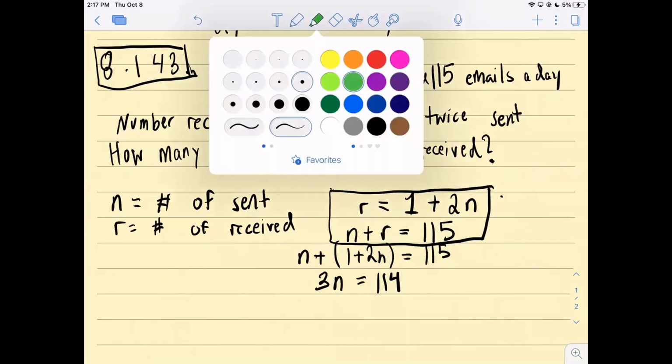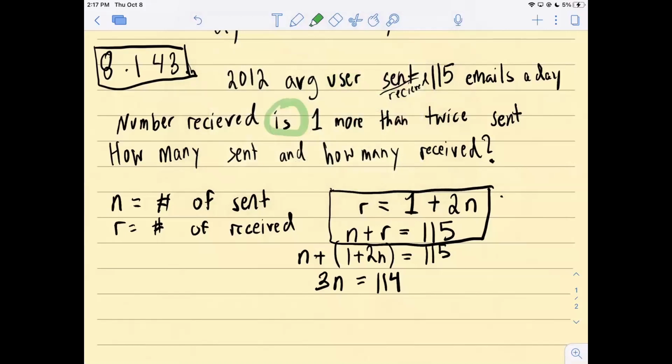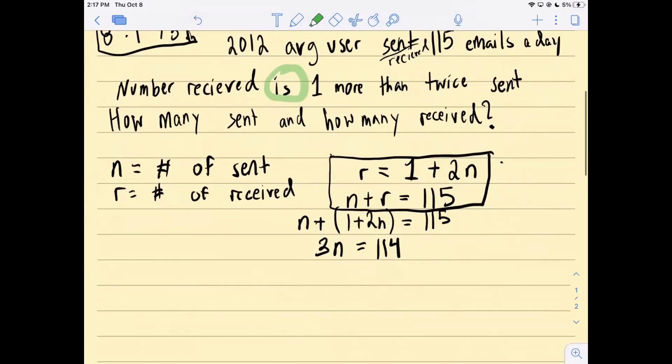I'm not going to explain why it's true, but over the weekend, please think about it. What you do is add the digits together, and if the sum of the digits is divisible by 3, then the number is. So 1 plus 1 plus 4 equals 6, and that is divisible by 3. So it works.